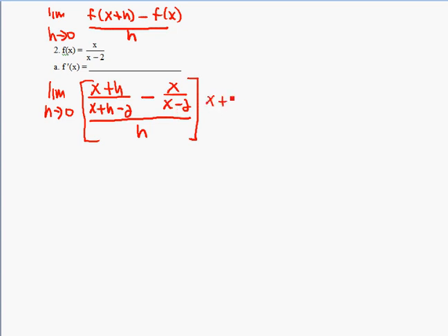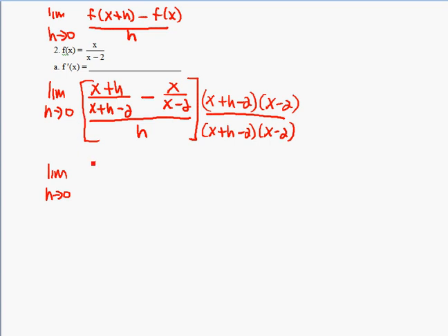So I'm going to multiply it by x plus h minus 2, x minus 2, but I need to use the property of 1, so the whole denominator is going to get multiplied by the common denominator as well. So I'm using the property of 1. Now this whole thing gets multiplied by this. Hopefully you notice that this x plus h minus 2 gets canceled. So we'll write that out just so it's clear.